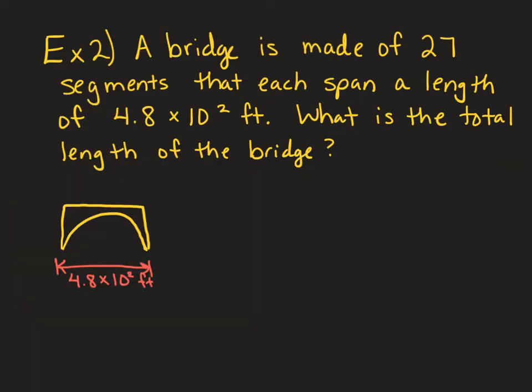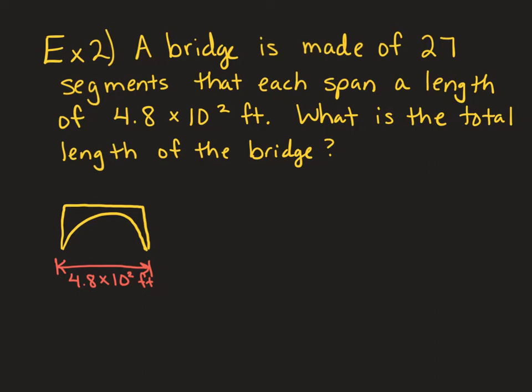Example 2. A bridge is made up of 27 segments that each span a length of 4.8 times 10 squared feet. What is the total length of the bridge? So we've got to figure out an entire bridge length.